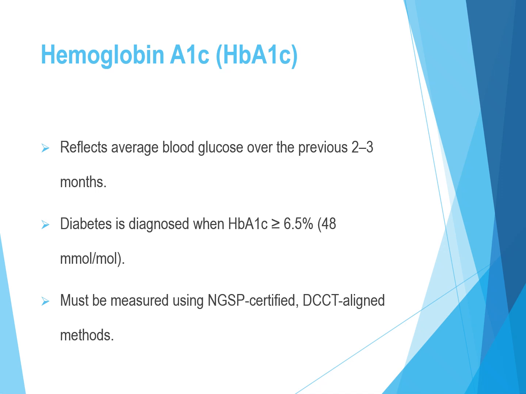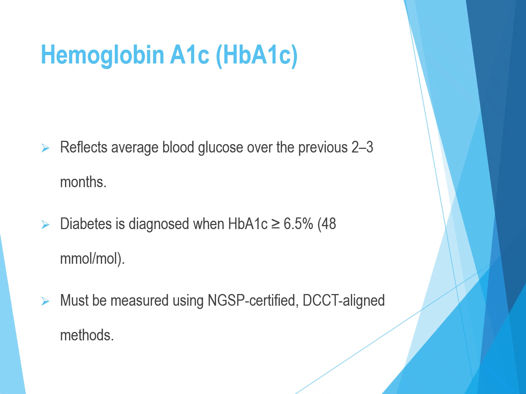However, certain conditions such as anemia, hemoglobinopathies, recent transfusions, or severe kidney disease can alter HbA1c levels, potentially leading to misinterpretation. Laboratory professionals must always consider these factors when reporting results. Let us look at a laboratory-based example.